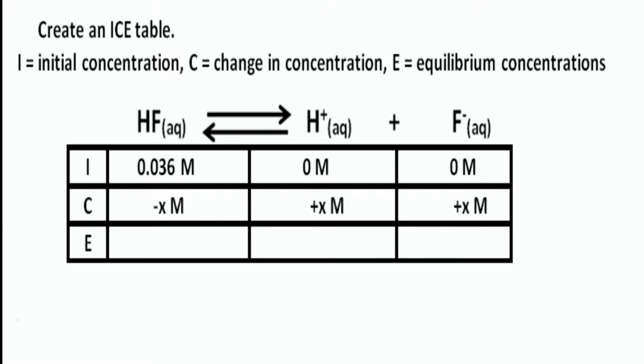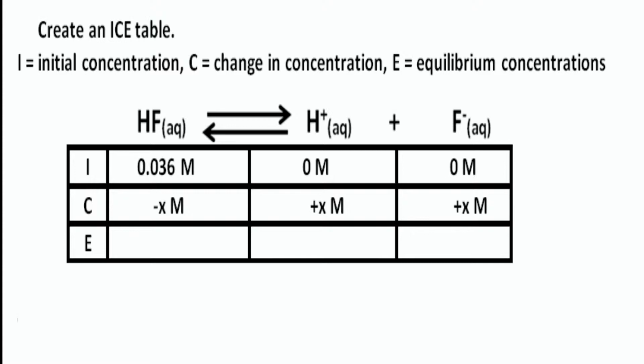The hydrofluoric acid is undergoing ionization, so the change in concentration is represented by minus X. As the reaction proceeds, the concentration of both hydrogen ion and fluoride ion are increasing.